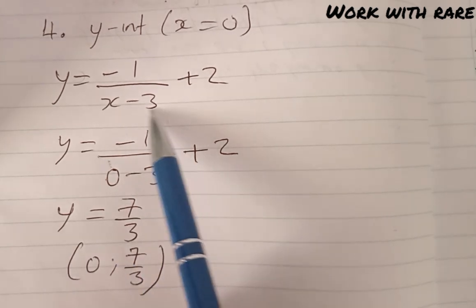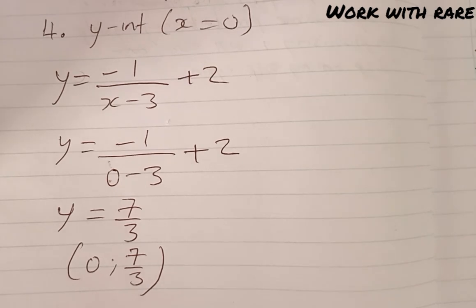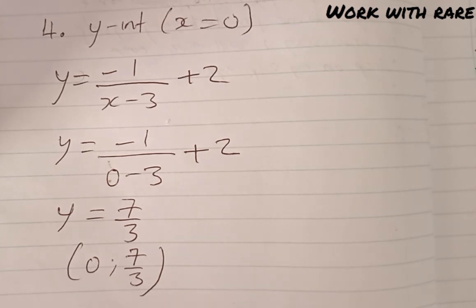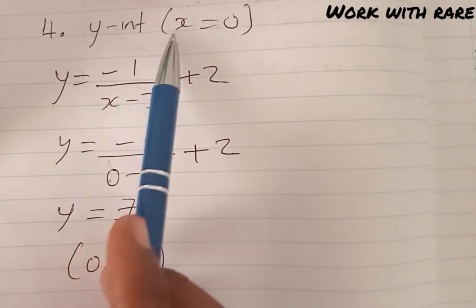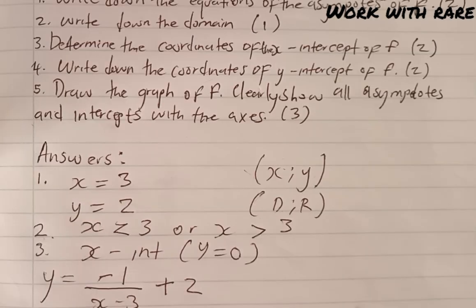So now we have numbers here, we don't have an unknown. You can press it on your calculator the way I see this, then you will get 7 over 3. So remember, this is the y value, and they want the coordinate of y-intercept, and we said y-intercept is where x is 0, so our coordinate will be like this. Remember, this is the x value, this is the y value, so that's how it is. That's how you should do it.